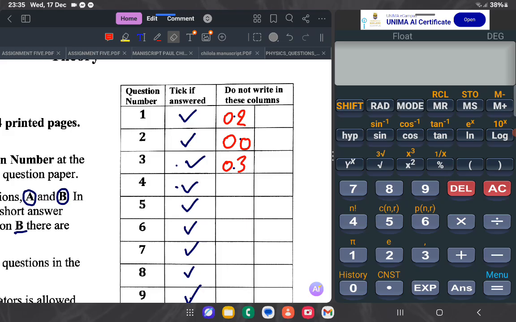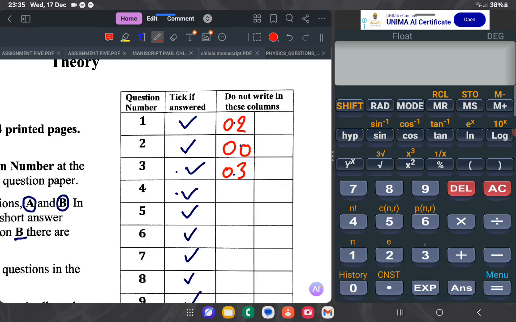So if the senior examiners remarked the paper and got a different mark, let's say after remarking, the senior examiner found 1 for question number 1, so we write 1 there, or maybe after remarking question 2, the senior examiner found that the mark is supposed to be 2. So they will write in these columns with a different ink, usually green or something else. Alright, so that's your paper structure.